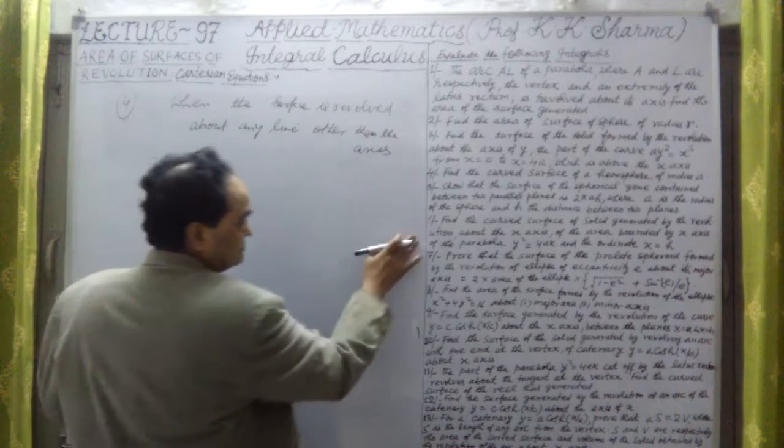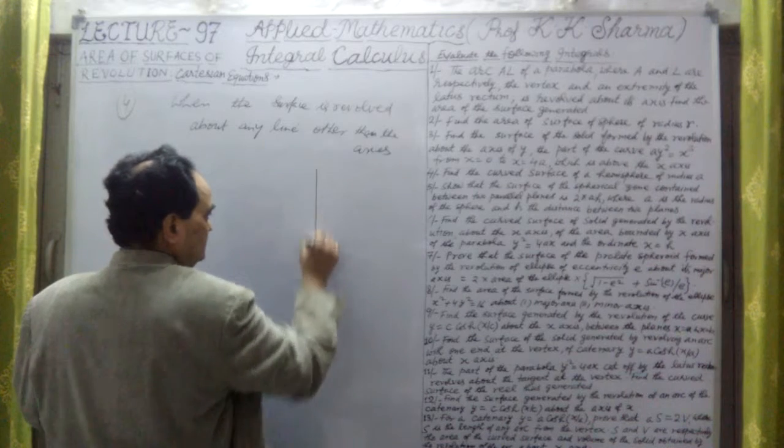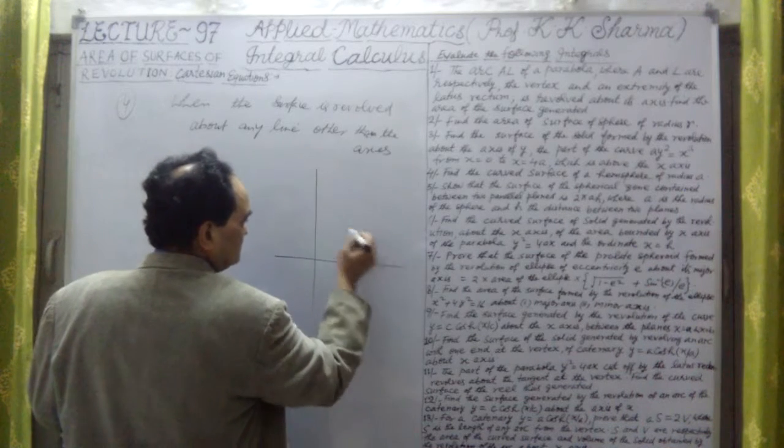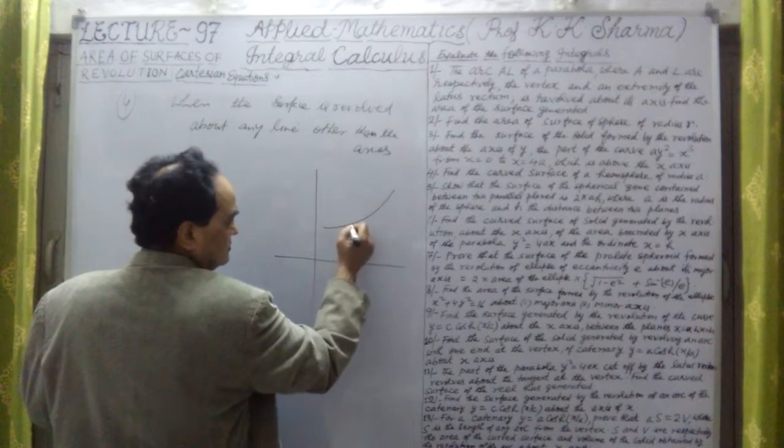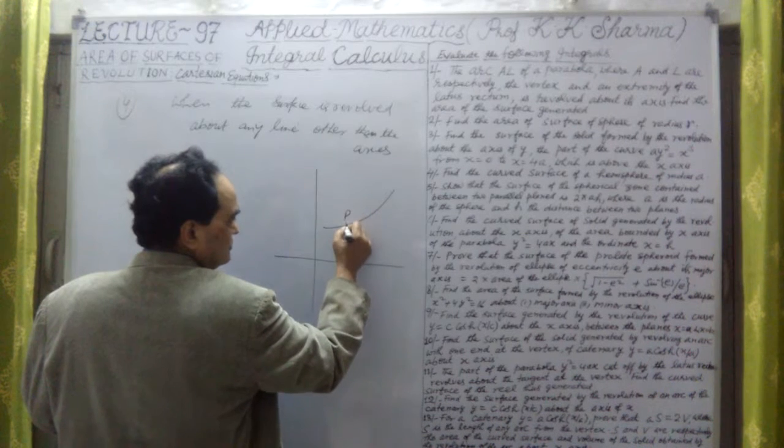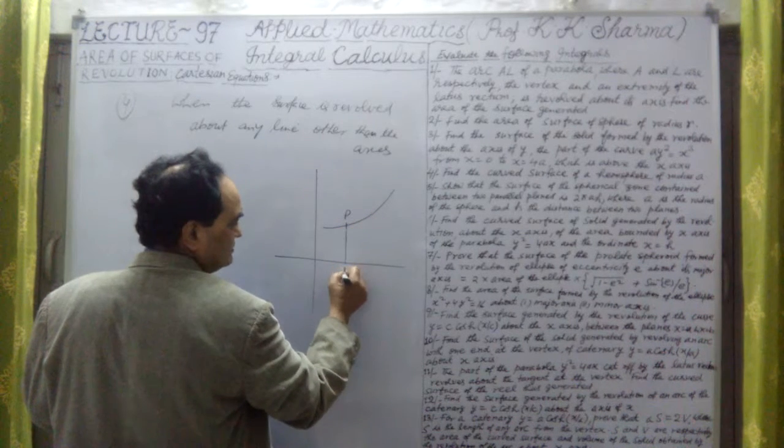In that situation, in this case, what we do here, we take this is an arc. Here it is a point P. We draw a perpendicular. Let me take this is PN here.